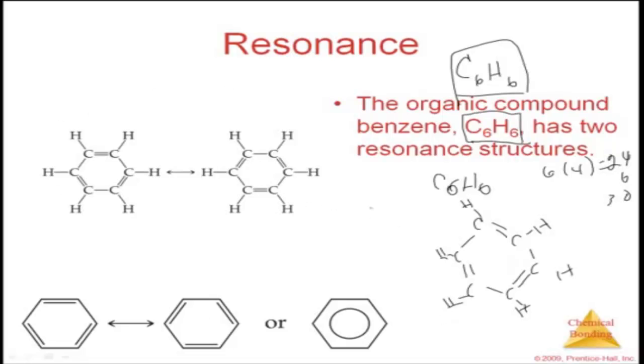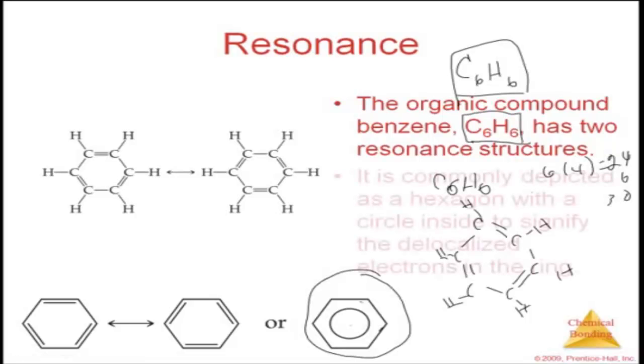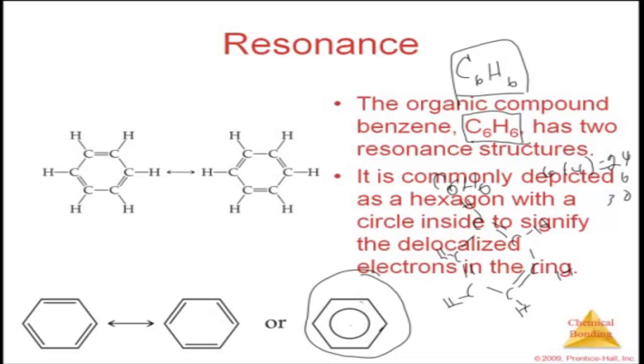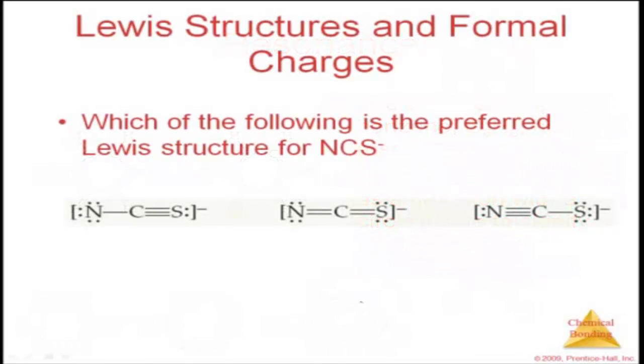So you could argue whether the double bond is here or here. In fact, benzene is often written with this shortcut, and what you see when you look at the structure of benzene, scientists look at it, is it really does look like a ring structure with the electrons forming this circular pattern. So the electrons are delocalized, they move.